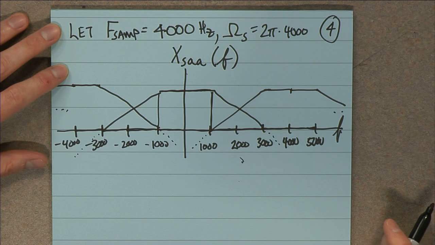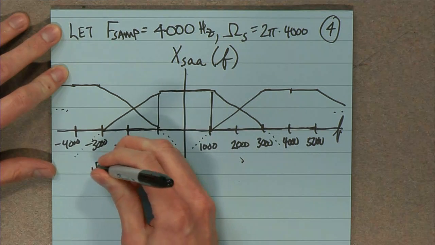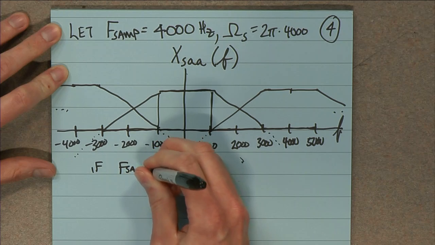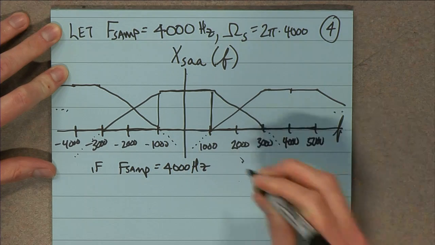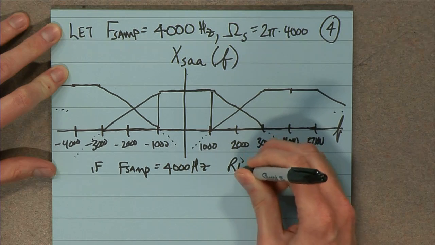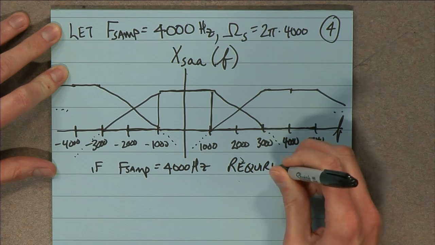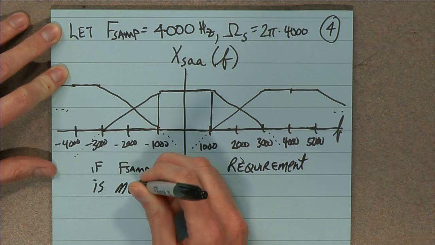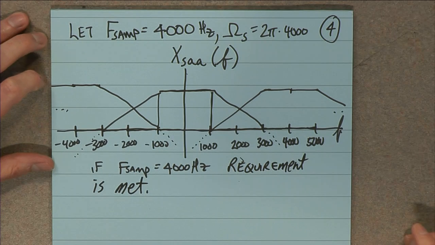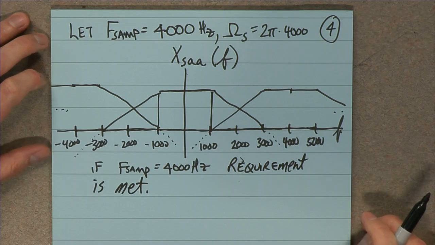So the good news is, if fsamp equals 4,000 hertz, I guess you can say the requirement is met, and that requirement is that the alias samples have to be attenuated by 30 dB or more.